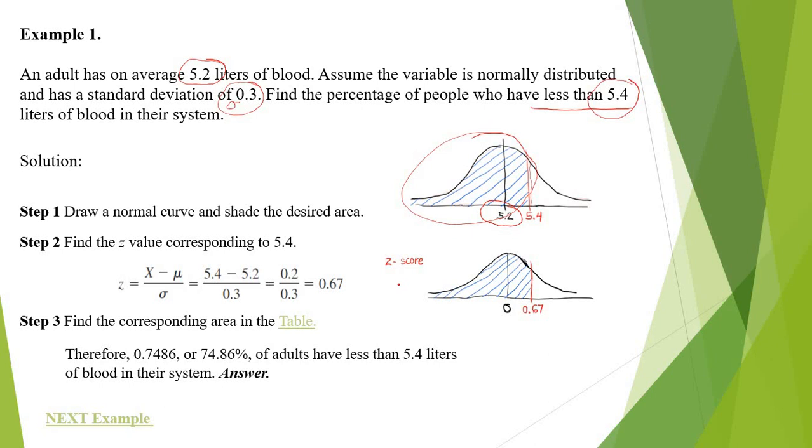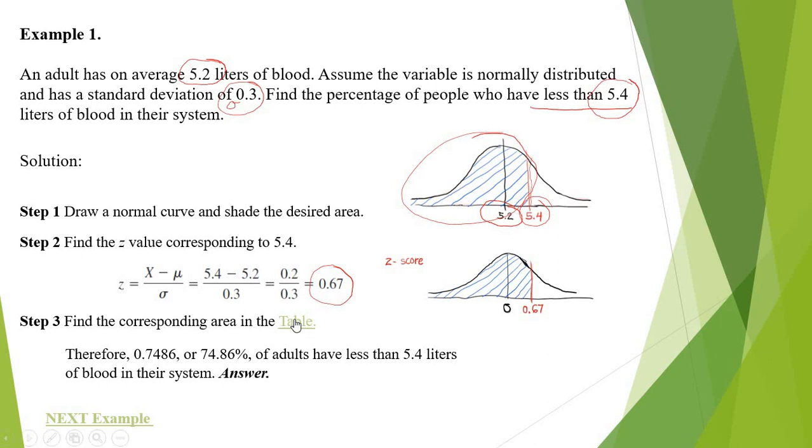Okay, now step 2 would be we will convert this into an equivalent z-score. So from the formula, it is computed that our z-score is 0.67. So we now have this corresponding z-score, and we wanted to find the probability for z equals 0.67. So this is case 1.